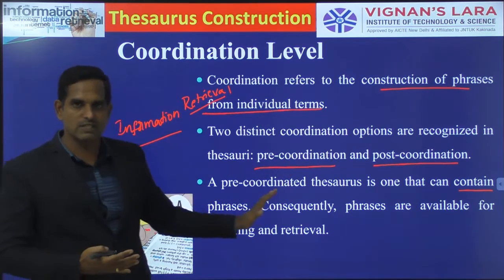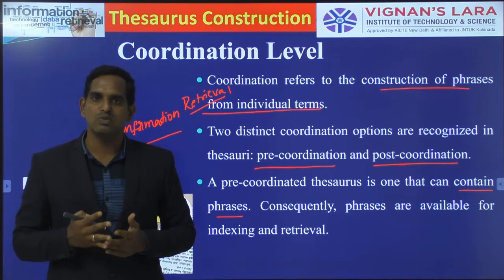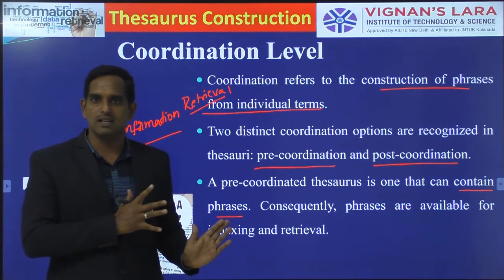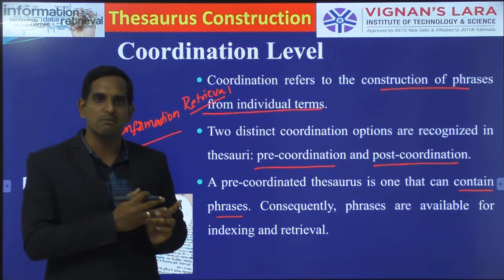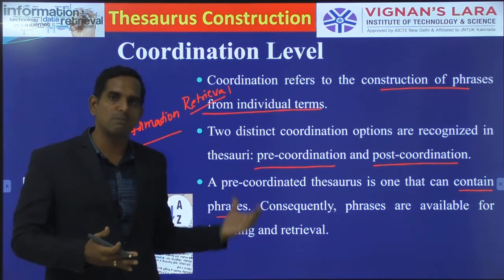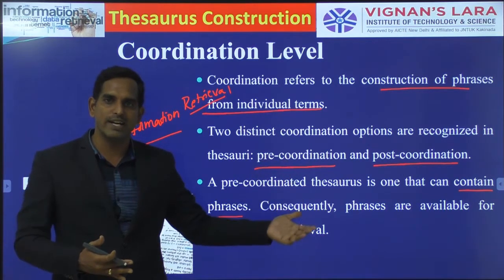For a large text in your information retrieval system, you have to identify the terms which can be present in your system. Those will be part of your thesaurus. This is what we call a pre-coordinated thesaurus.